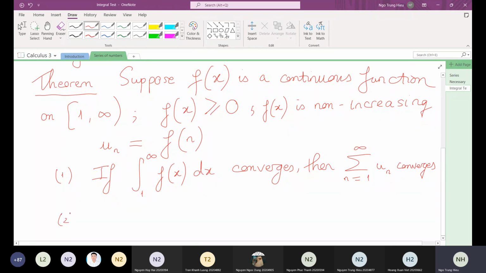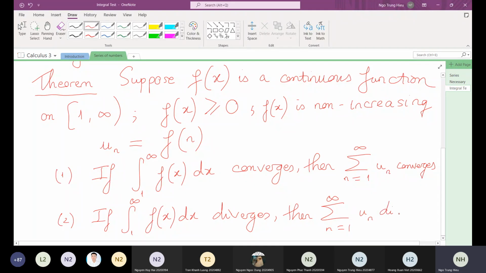And if the integral from 1 to infinity of f of x dx diverges, then the series sigma u sub n also diverges.